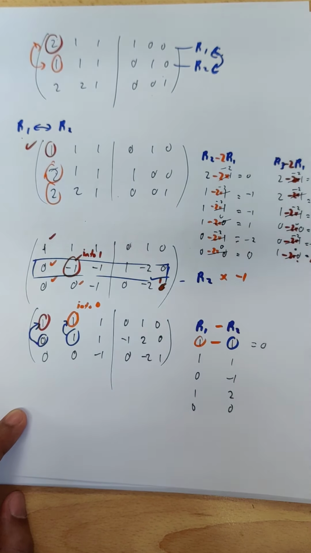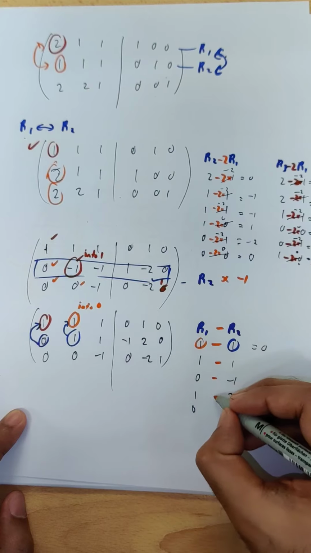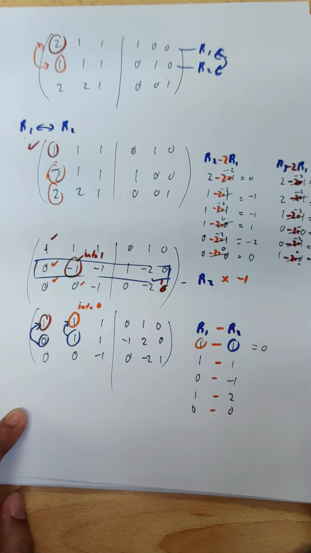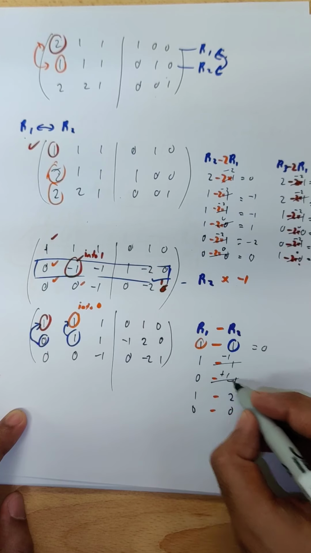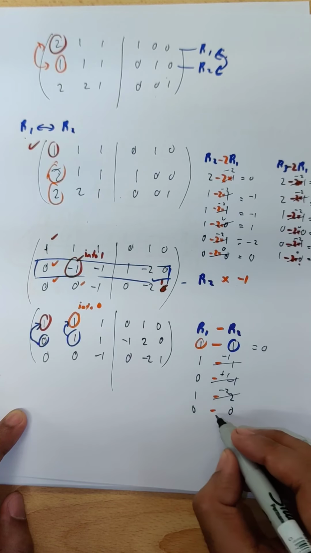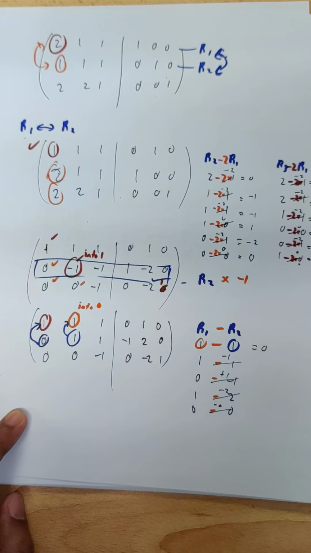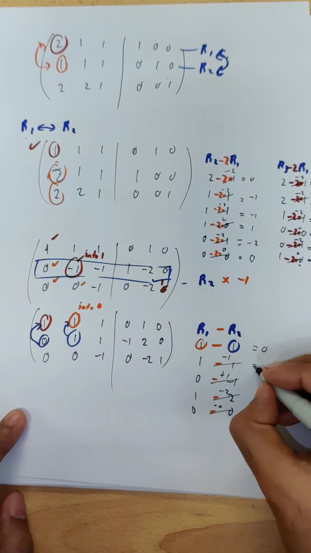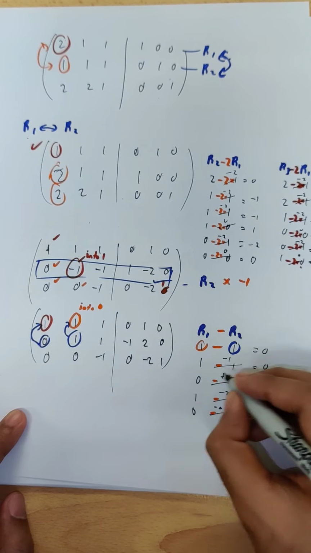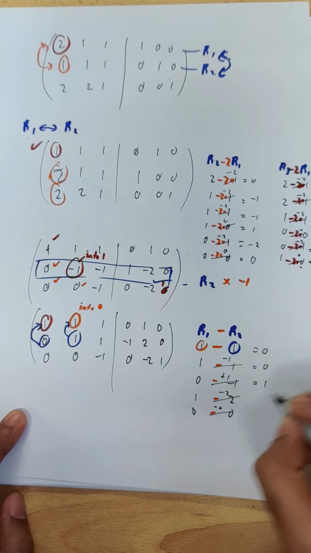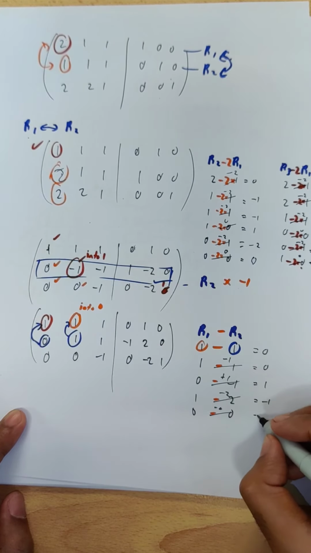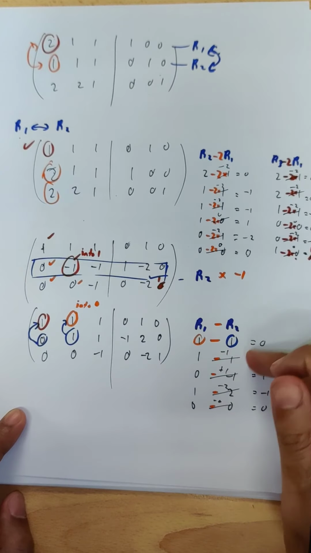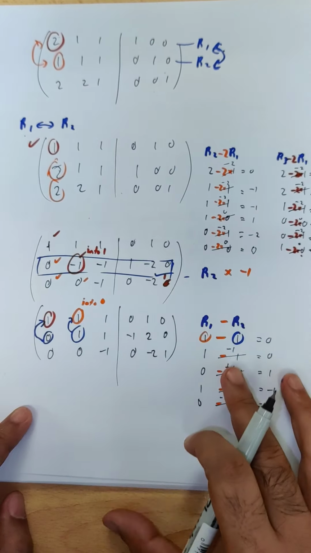Okay, so we apply the same thing. This one minus 1, this one plus 1, minus 2, 0, nothing happens. So 1 minus 1, 0; 0 plus 1, 1; 1 minus 2, minus 1; 0 minus 0 remains as 0. So this here is your new row 1.